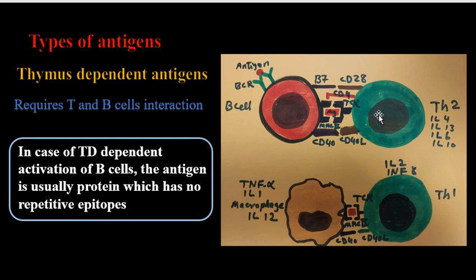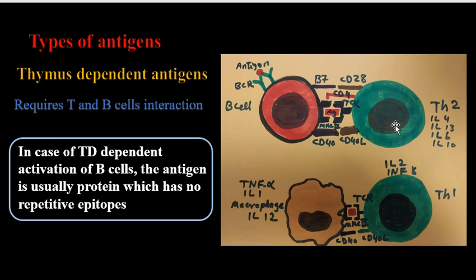As can be seen here, this is T helper 1, which usually interacts with antigen in association with major histocompatibility on the surface of an antigen presenting cell, for example, a macrophage.